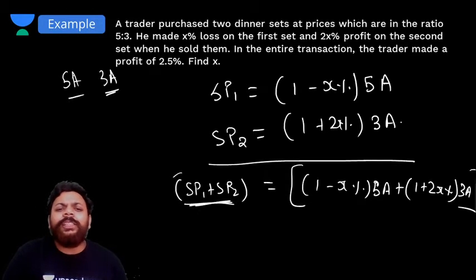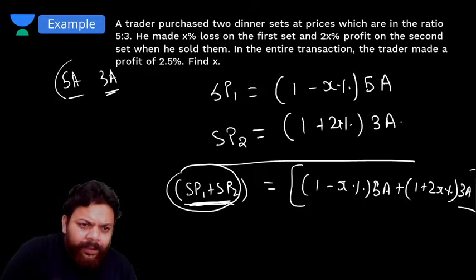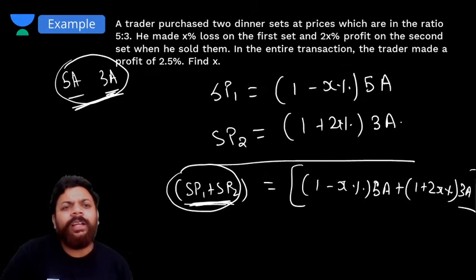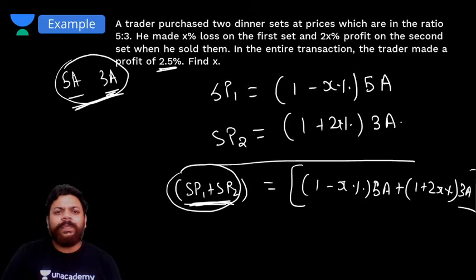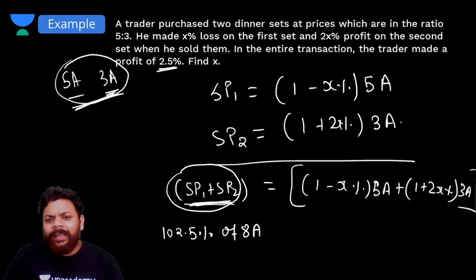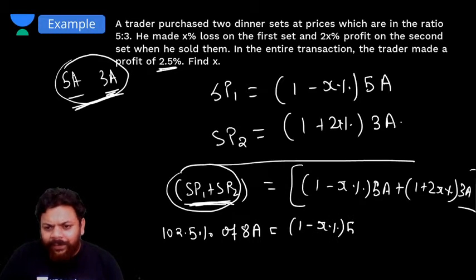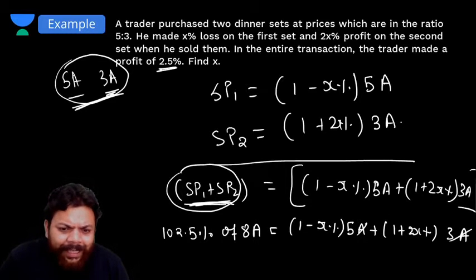Since overall cost price must be 8A, and there is a profit of 2.5%, I can write 1.025 times 8A must be equivalent to 1 minus X percent of 5A plus 1 plus 2X percent of 3A. I can cancel A over here.